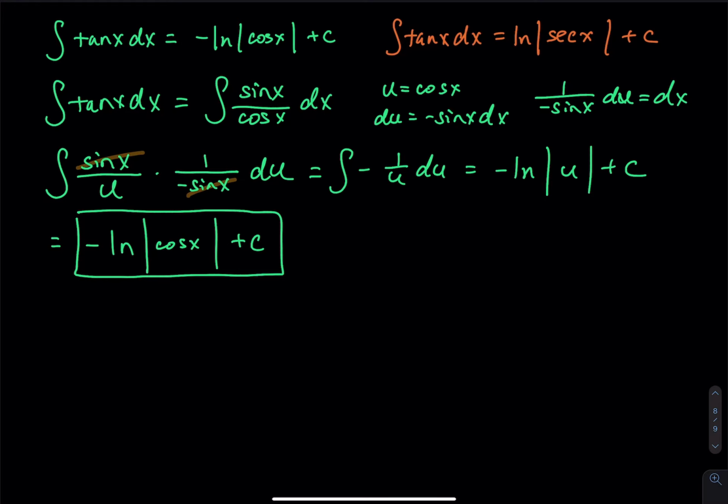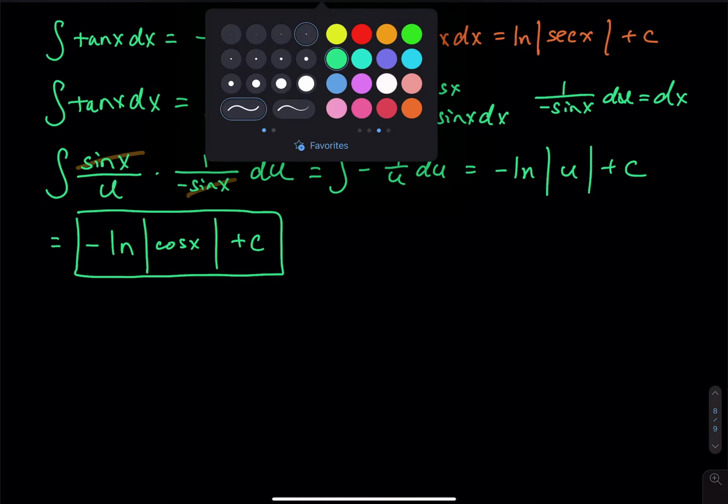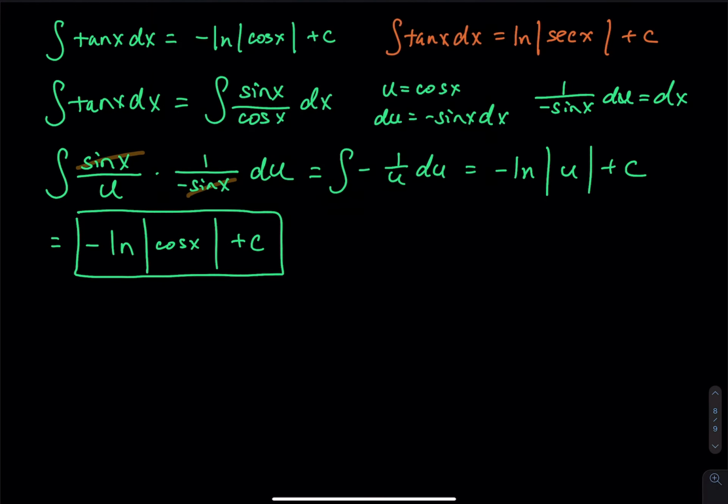First, we have to recall a little technique that we study in trigonometry, which is that cosine of x is equal to 1 divided by 1 over cosine x. So they are exactly the same, right? After you do the reciprocal. And 1 over cosine of x is equal to 1 over secant x.